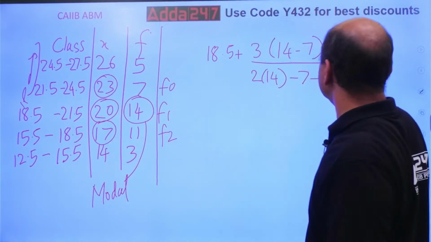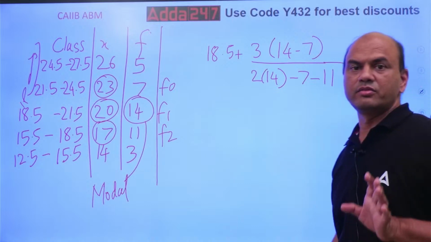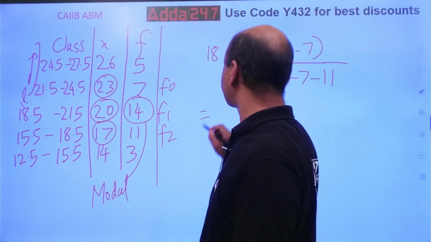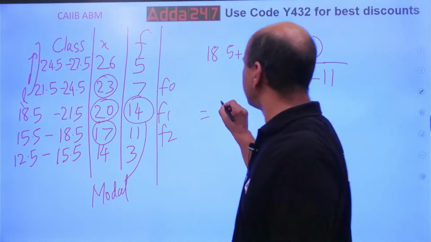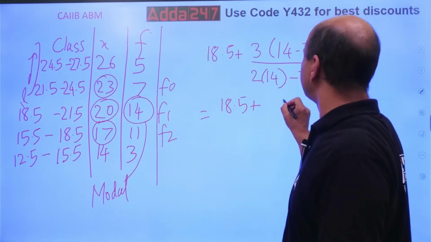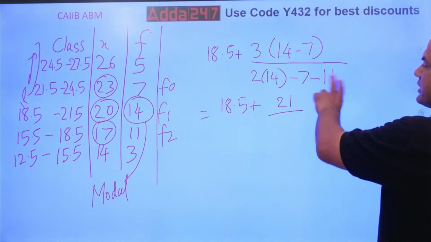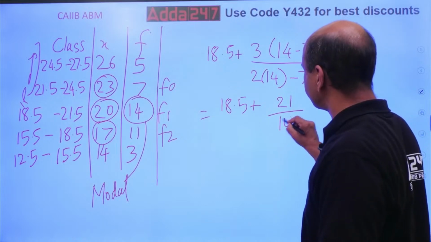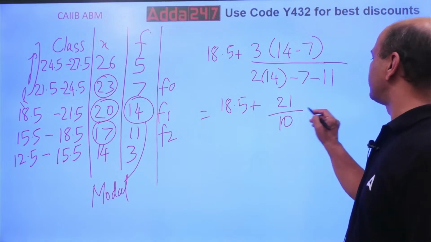So 11. So now solve this. Once you know this, it's very easy. So now solve this. What are you getting? 14 minus 7 is 7. 7 times 3 is 21. So I'll write 18.5 plus 21 upon, what is this? 2 into 14 is 28. 28 minus 7 is 21. 21 minus 11 is 10. Okay, so solve this using the calculator. So this is 2.1. 18.5 minus 2.1.